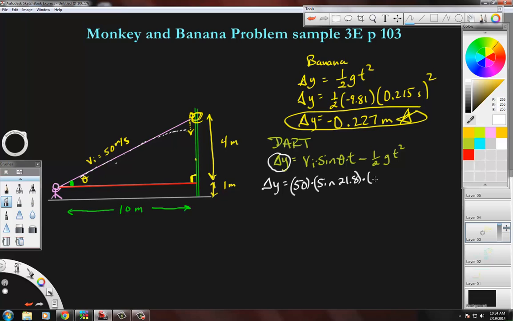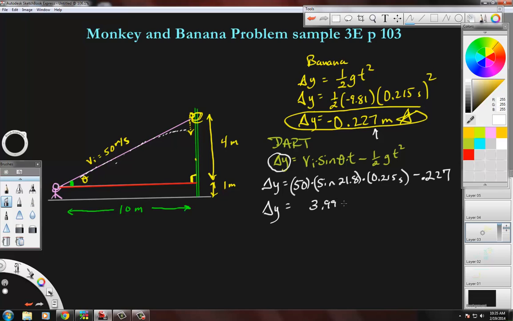The time interval is 0.215 seconds. And we're going to take away from it the answer to this problem up here, 0.227, so I won't have to redo that again. Well, when you do 50 times the sine of 21.8 times 0.215, you will get something like 3.99.